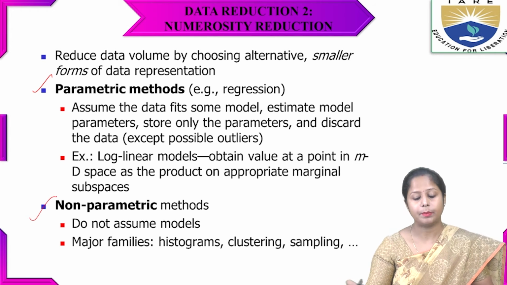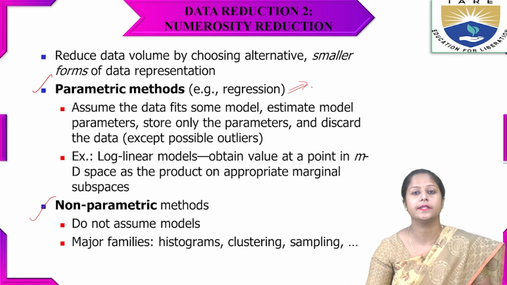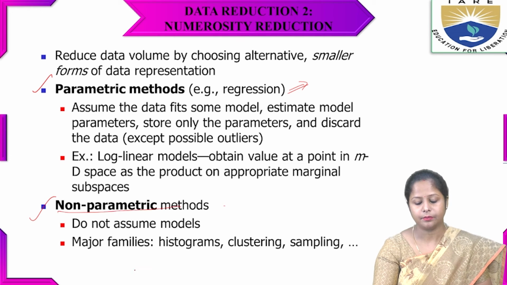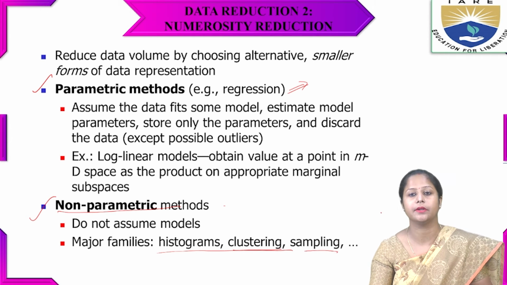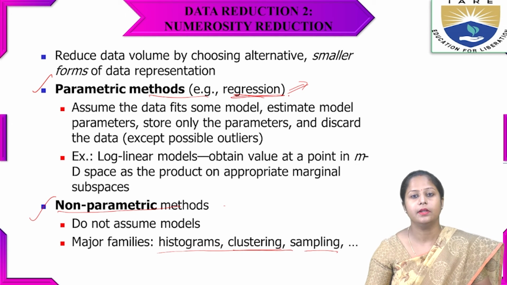Parametric methods are also called regression methods. Non-parametric methods include histograms, clustering and sampling; those are all non-parametric models. In parametric methods, we can have a regression model, where we assume the data fits some model.